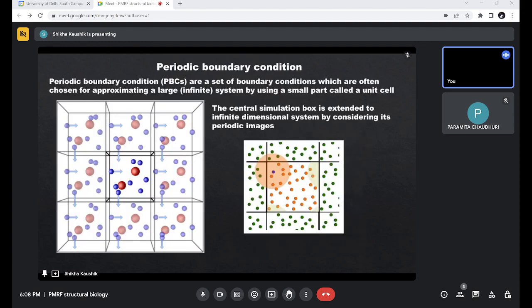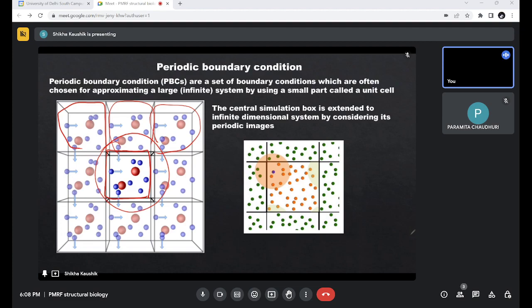Periodic boundary conditions are a set of boundary conditions often chosen for approximating a large system by using a small part called a unit cell. If you could see, this is my unit cell. When I'm talking about simulation, I will use this as the smallest part and try to build my entire structure.